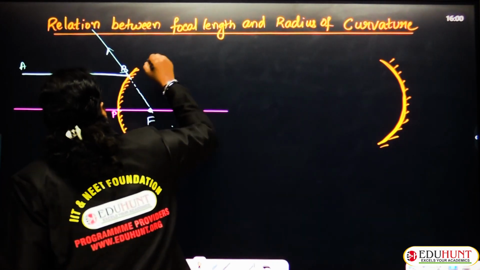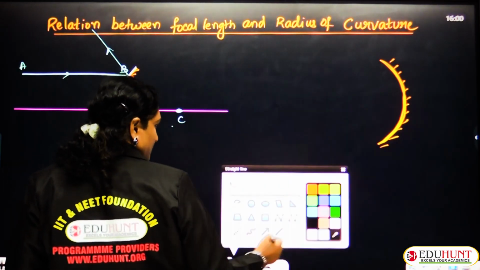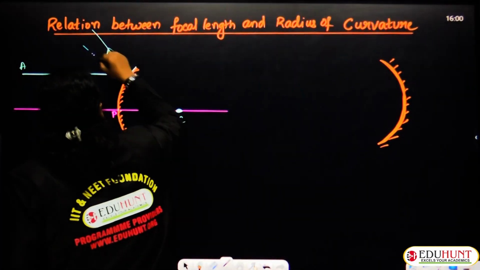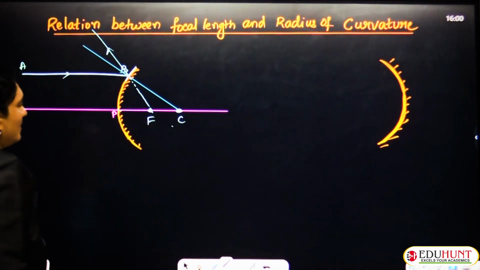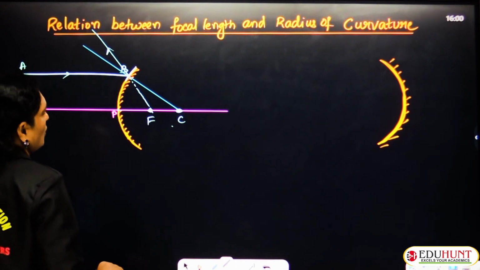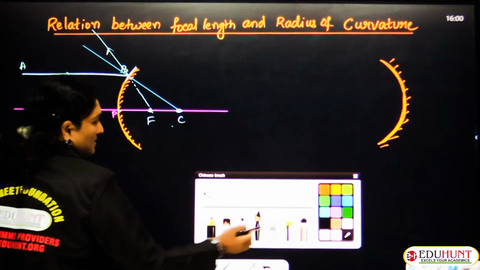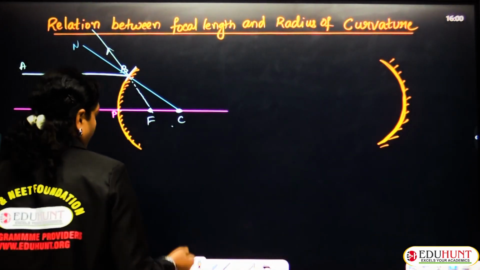Light rays falling perpendicular to the mirror will definitely pass through the center of curvature C. So, this indicates the normal drawn to the surface.